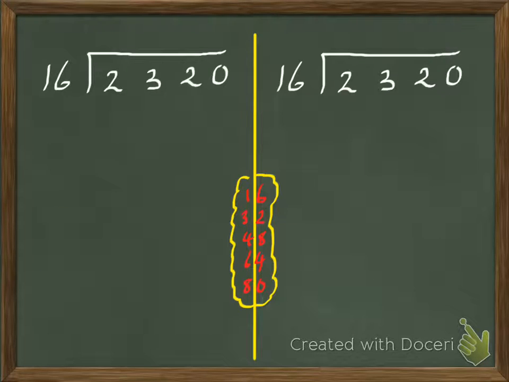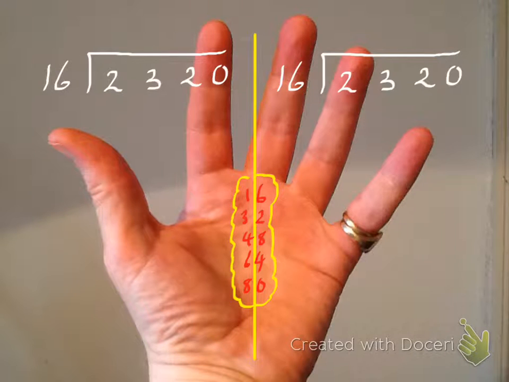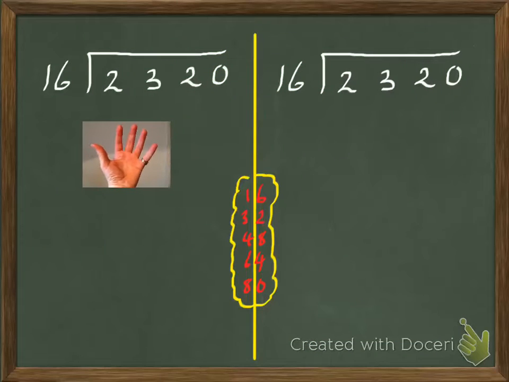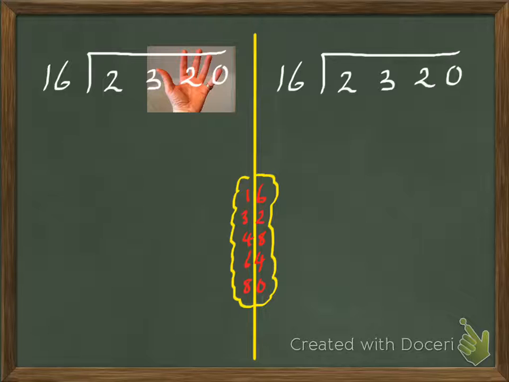So let's get into the problem itself. Another big issue is how do you look at this number? I always think of it like this: I'm only dealing with the first number. Does 16 go into 2? Well, the answer is no, it doesn't.